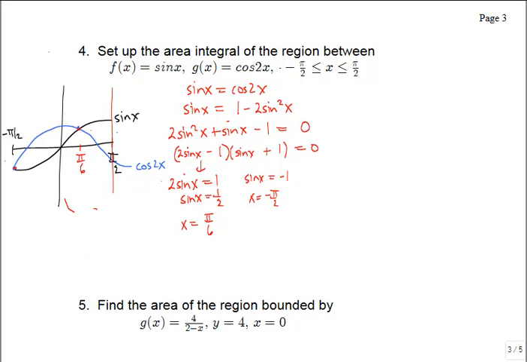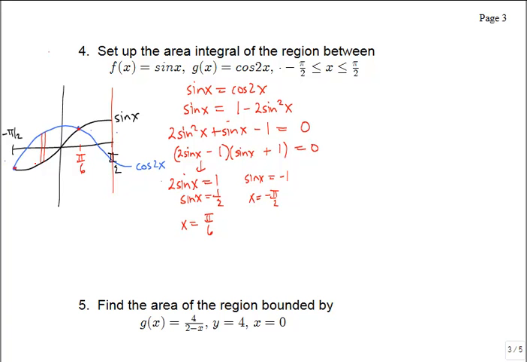So let's take a look first at this first region here. And what I like to do, and this is something we're going to get into a lot when we do volumes, is I like to draw in a little slice. Suppose that I took a little rectangular slice and wanted to find the area of that rectangle. Well, I would need to know its height, and on the top would be this blue curve, which is that cosine 2x, and on the bottom would be that sine curve.